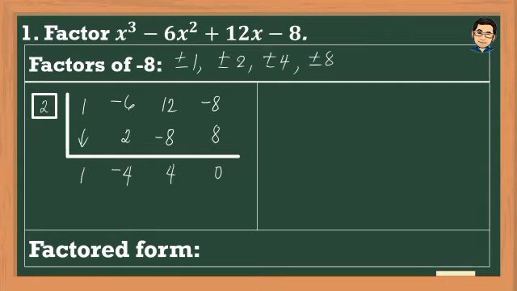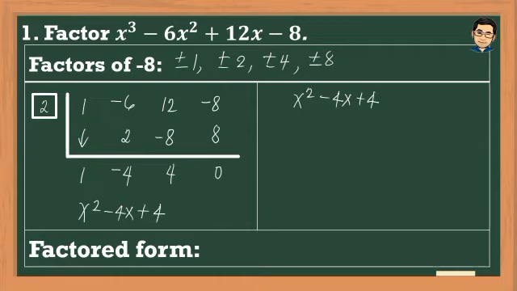Next, yung ating nakuhang mga sagot, yung 1, negative 4, 4, ayan. So, ita-transform natin into polynomials, x squared minus 4x plus 4. Ayan. So, ang gagawin natin dito sa x squared minus 4x plus 4, ipa-factor natin. And then, ipa-factor natin yan.